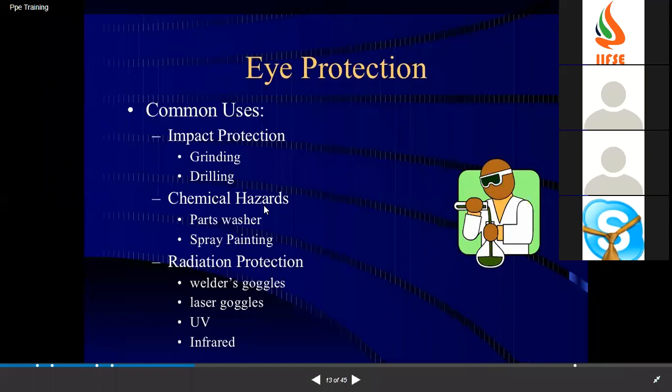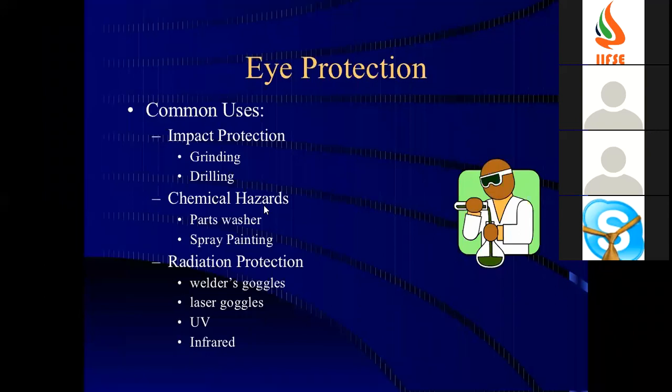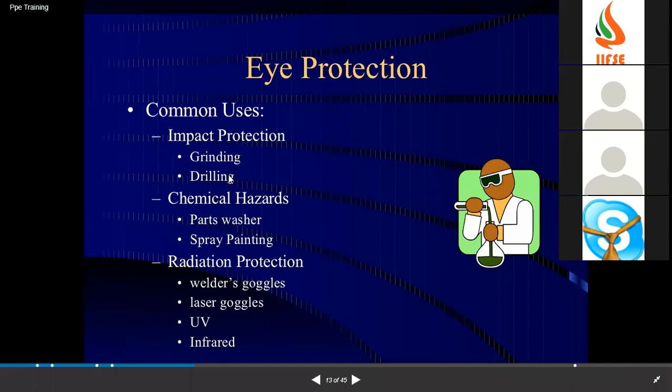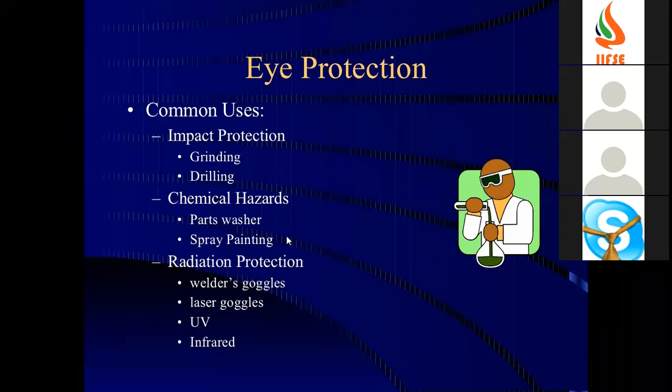So they will use glasses which are completely close to their eyelashes. For grinding and drilling, they will use glasses which are very hard in nature. Spray painting is also dangerous because it involves a lot of chemicals.